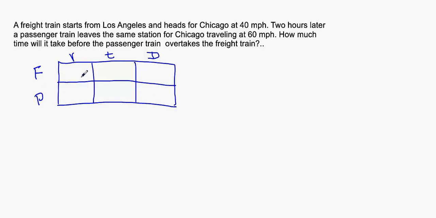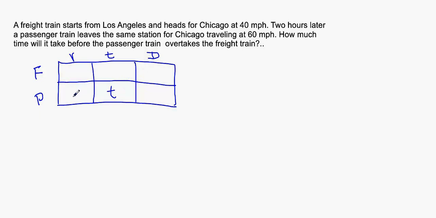Okay, so for the passenger train, it leaves at a certain time unknown, call it T, correct?